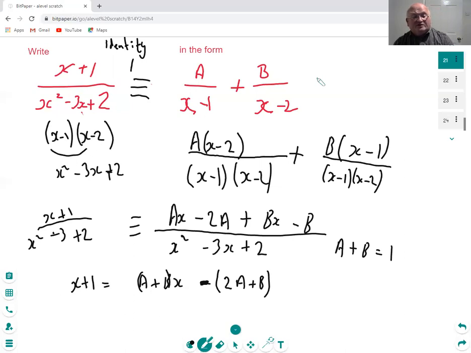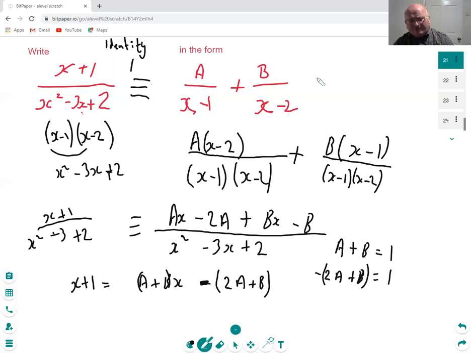And then, because we've been told that this is the same as this, the constant part of the equation, minus (2a + b), equals 1, because the constant on that side is 1. So now we've got two simultaneous equations. I've not written them in the best form there. I've written them in the form that shows they come directly out of this statement.